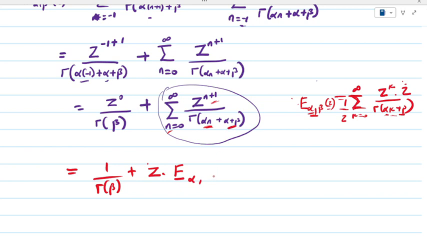So we have E_{alpha, alpha plus beta} of z. So this is the recurrence relation of E_{alpha,beta} of z, and this is the major Mittag-Leffler function formula that you will see in most journals. So take note of this and of the proof.